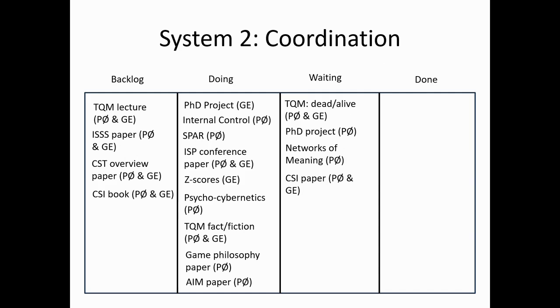We have the psychocybernetics paper that should have been submitted, but I haven't been able to do the final check on it. The same goes for the TQM fact and fiction paper, which should be submitted as soon as possible. Then I have a game philosophy paper I'm writing, and the AIM paper I mentioned on the previous slide, which was written a long time ago but has not been submitted to Systemist yet.